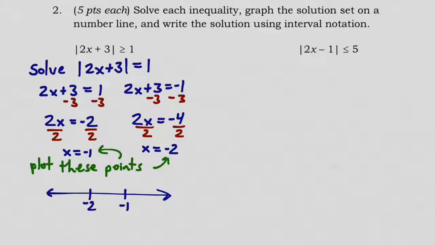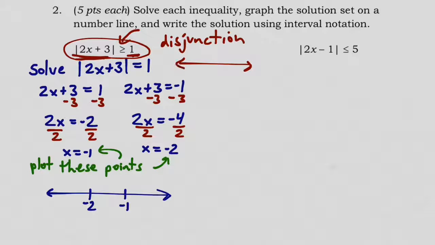If we look back at the original inequality, since this was a greater than or equal to inequality, since the absolute value has to be greater than a positive number, we can determine that the solution is going to be a disjunction, which in the case of absolute value means that the solutions are either going to be to the extreme right end of the number line or to the extreme left end of the number line, because we need the absolute value to be big, and so that's going to happen far to the right or far to the left.